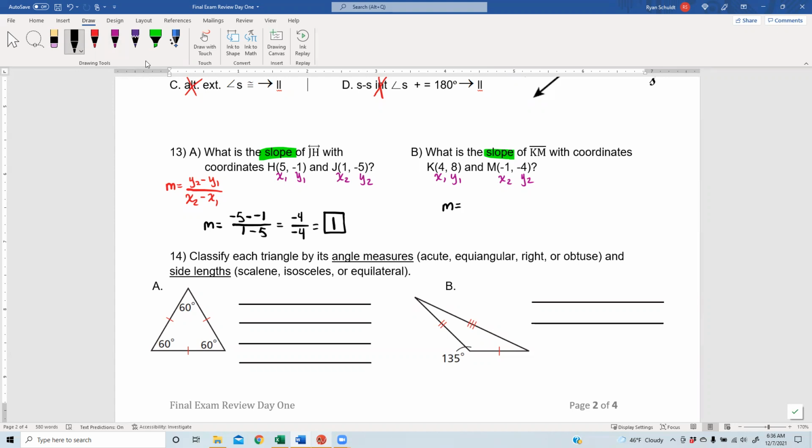So your slope is -4 minus 8 over -1 minus 4. -4 minus 8 is -12. -1 minus 4 is -5. Don't just leave it like this, please. Negative divided by negative is a positive. So write it as 12 over 5.